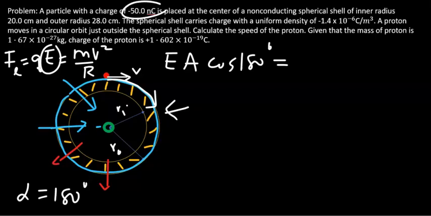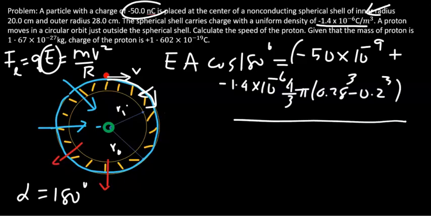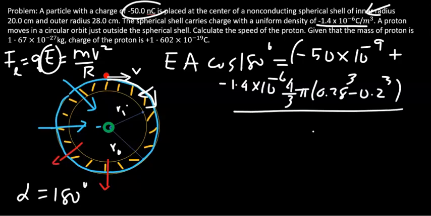The two contributions, the first one is minus 50 nanocoulomb, minus 50 times 10 to the power minus 9. The second contribution is the charge contained within that shell, which is calculated by taking the charge density times the volume of that shell, given by this expression. This is the density and this is the volume of the shell. And the right-hand side must be divided by epsilon naught. Cosine 180 is minus 1. We'll cancel the minus sign from the right-hand side.